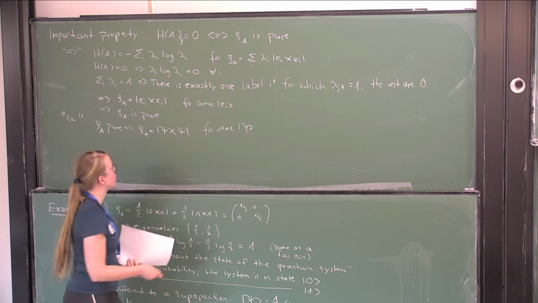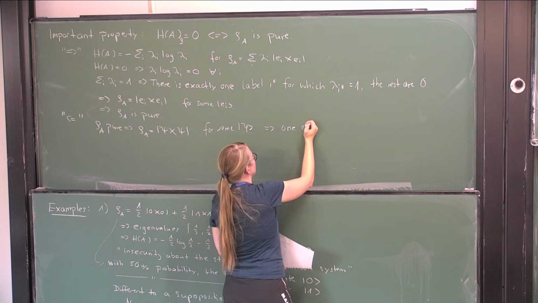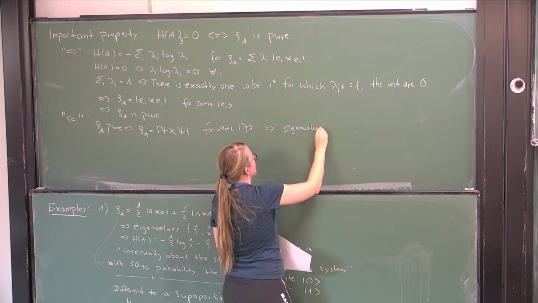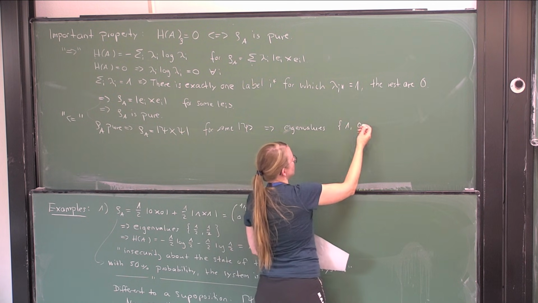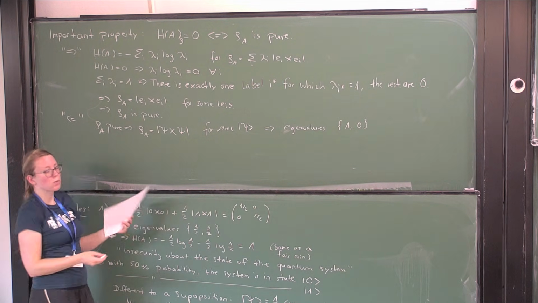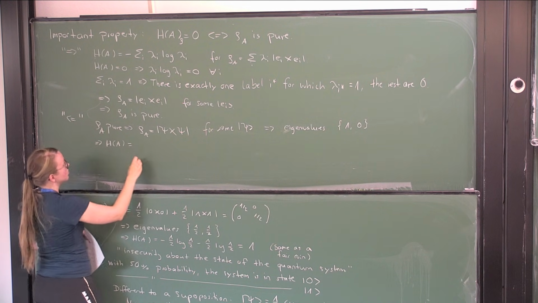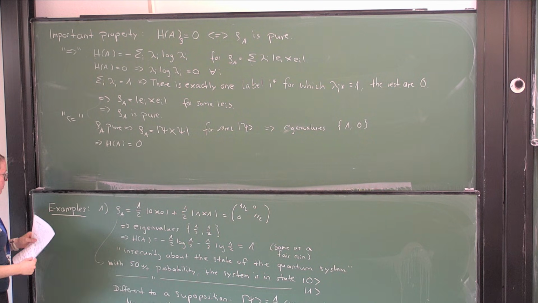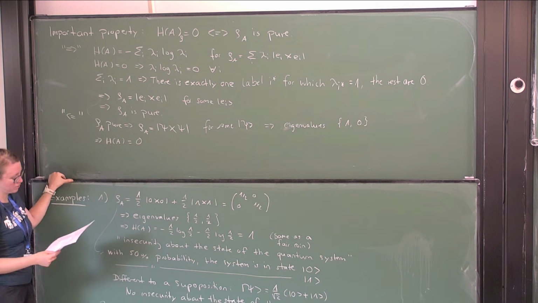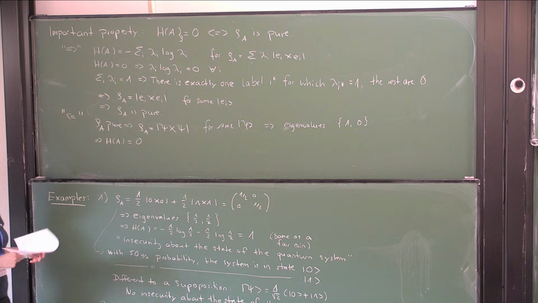So this matrix always has one eigenvalue 1 and the rest are 0. And then in that case, we already know our entropy is 0, as in this example. So the entropy directly tells me if I have a pure state or if I have a mixed state.